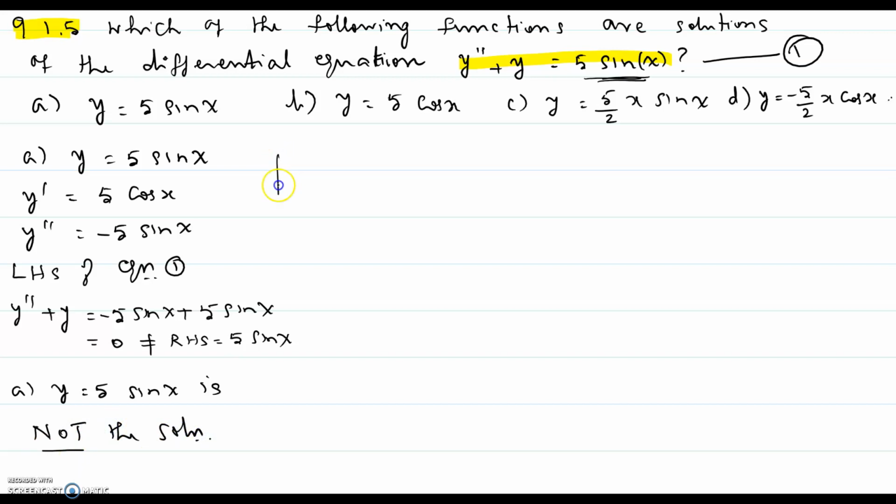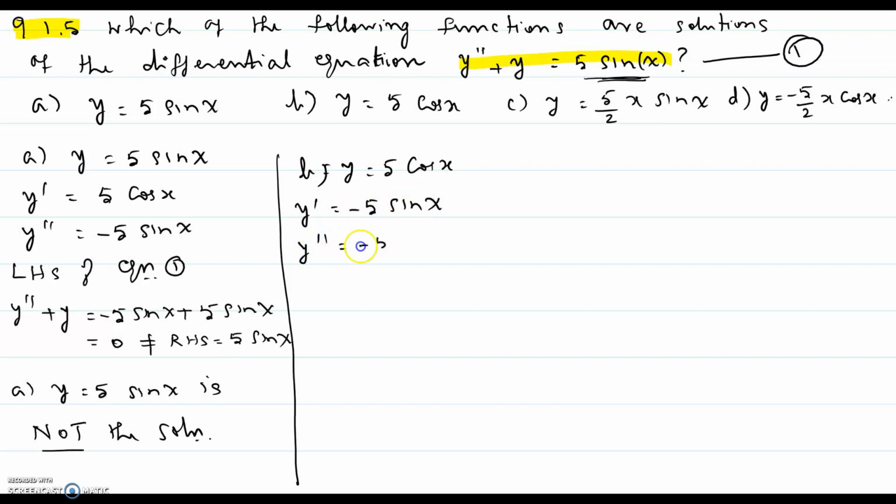Now let's try B. B is y equal to 5 cosine x. We try the same thing: y prime is negative 5 sin x, y double prime is negative 5 cosine x.